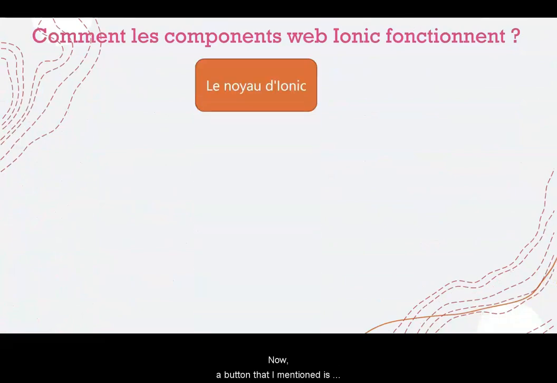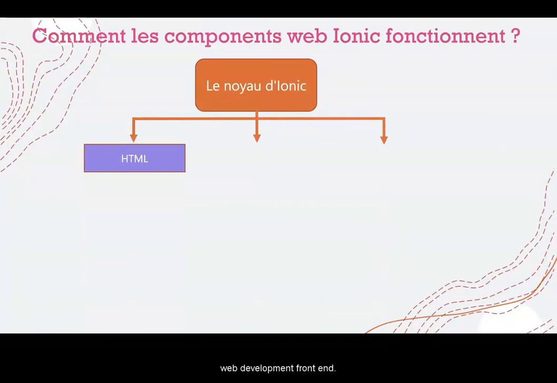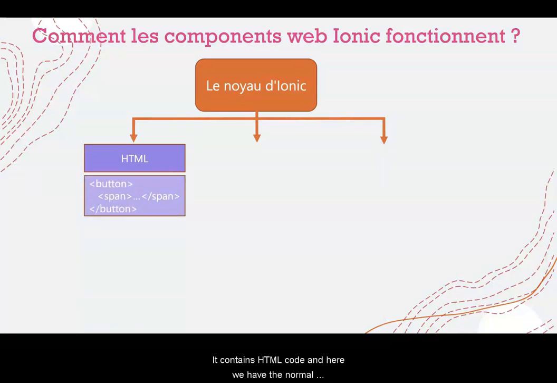Now, a button that I mentioned is ultimately a combination of three main building blocks of front-end web development. It contains HTML code, and here we have the normal HTML elements. In the end, all web components are made up of these HTML elements. It's basically a pre-structured piece of HTML code. However, we don't just have HTML code.